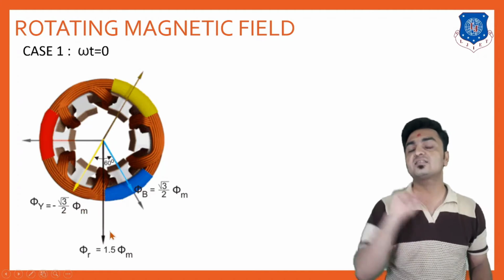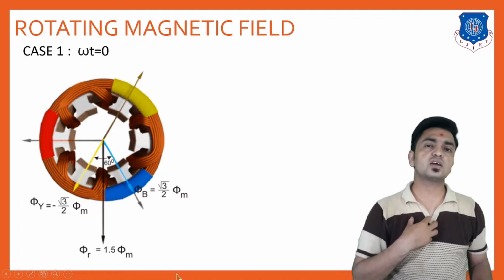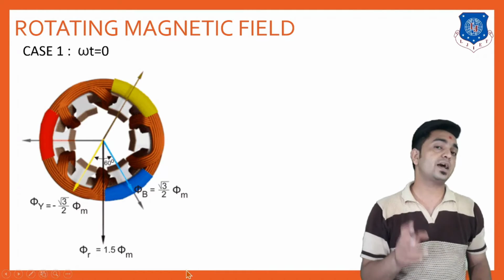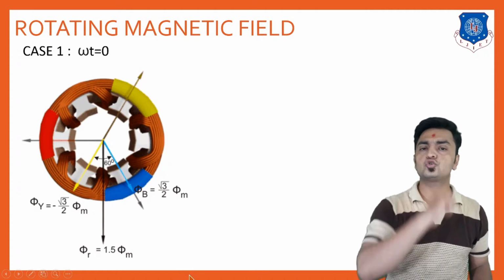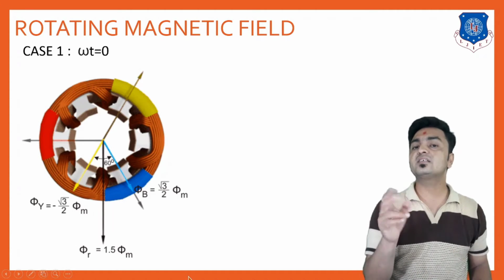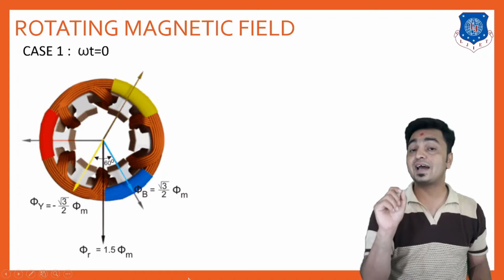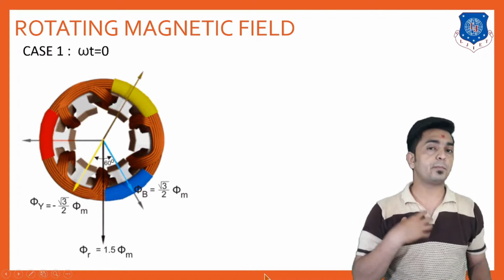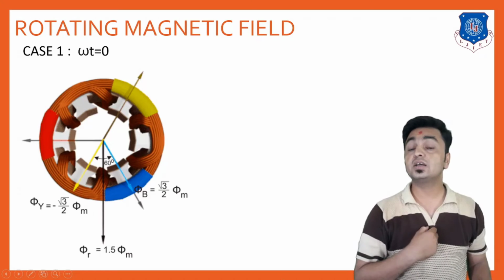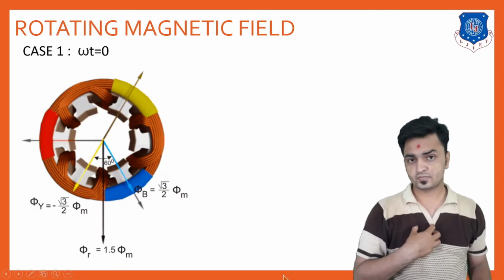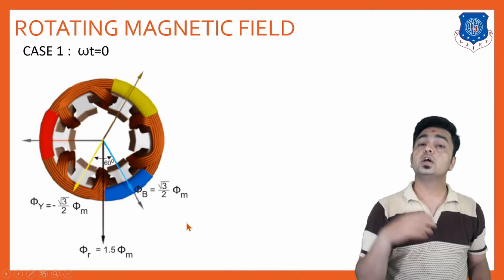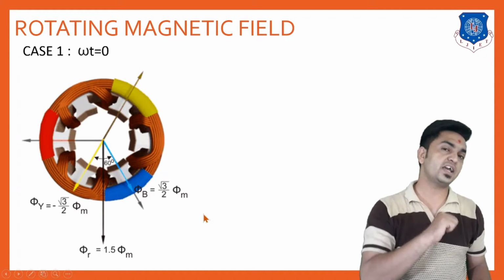In the same way, if you consider the third component phi b, that was phi m sine omega t minus 240 degree, where omega t is equal to 0. At that time we are getting sine minus 240 degree, and the value of sine minus 240 degree is plus root 3 by 2. So we are getting phi b equal to root 3 by 2 into phi m.